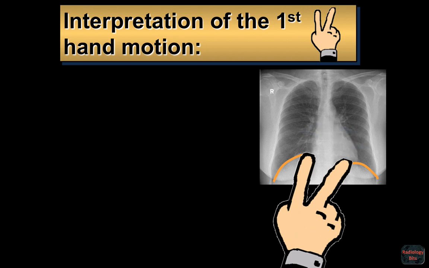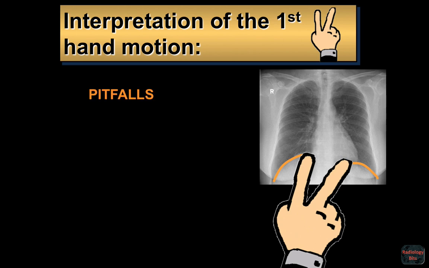The appearance may be the opposite if you have a counterclockwise change of your tilt. That could mean that the left hemidiaphragm is higher from a collapse on the left side that is pulling everything upwards as well. Now, when you look at this motion alone, it does not mean anything. You need to combine this motion with the next motions that we're going to talk about.